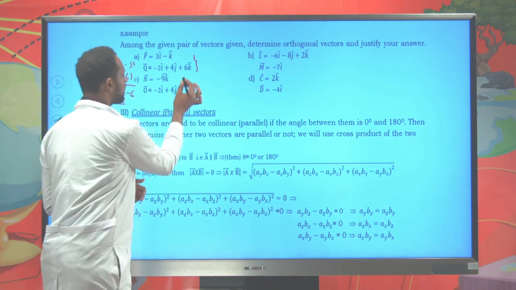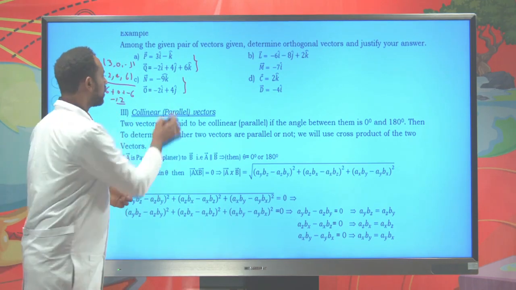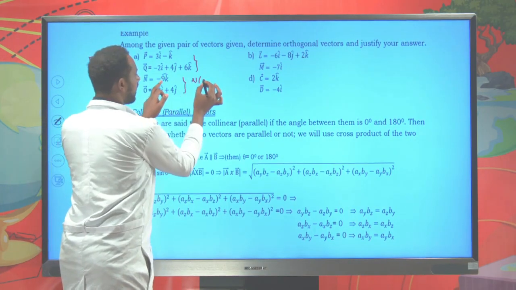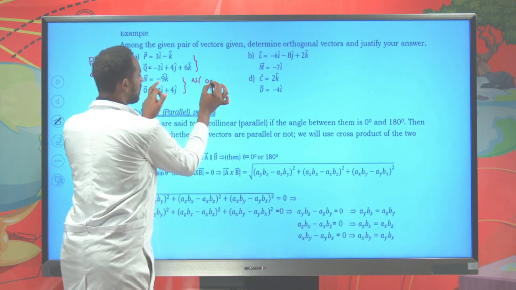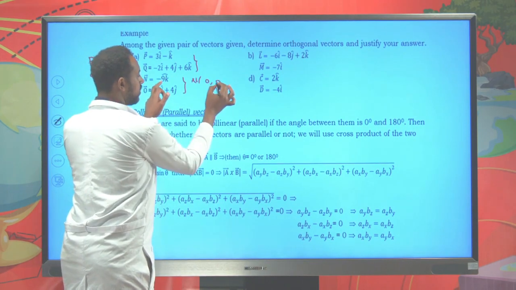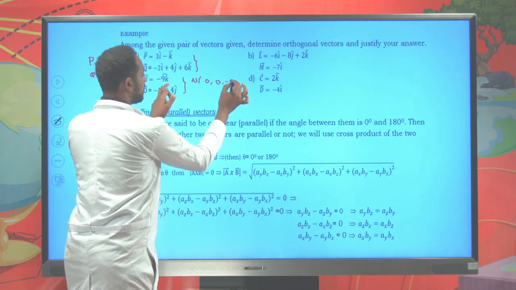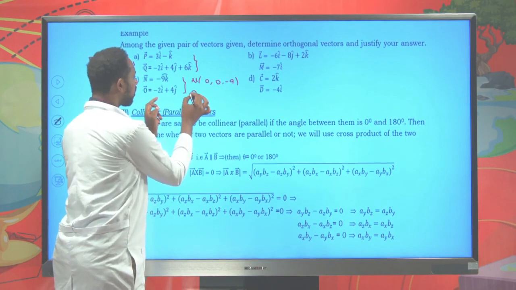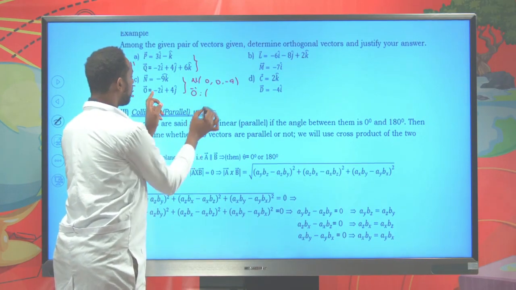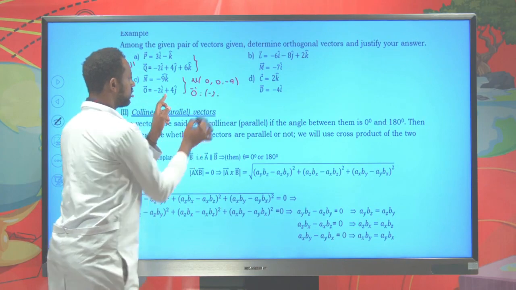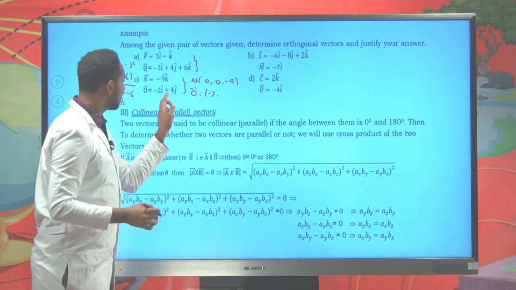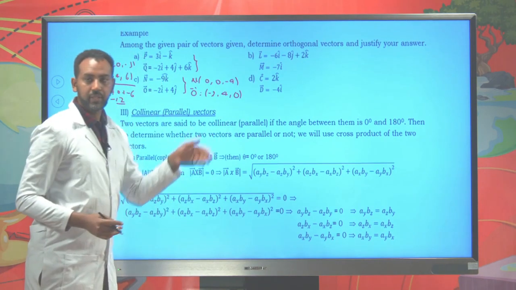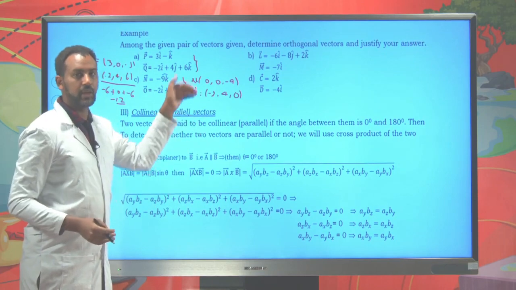Now let's check whether these two vectors are orthogonal or not. What are the components of vector n? We don't have I, therefore it is 0. We don't have j, 0. The only thing that we have is the k component, which is -9. And here we have vector O. The components of vector O are -2 as the I component, the j component is 4, and we don't have the z component. Now let's multiply I with I, j with j, k with k.